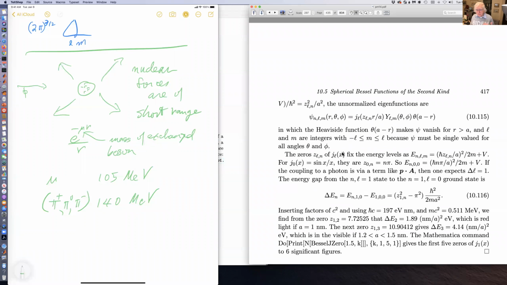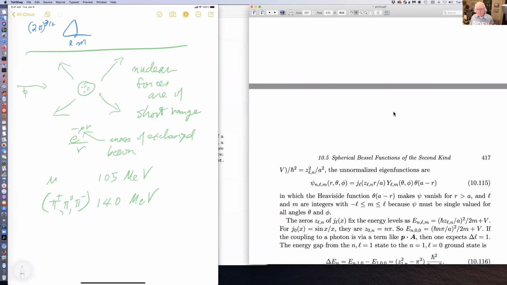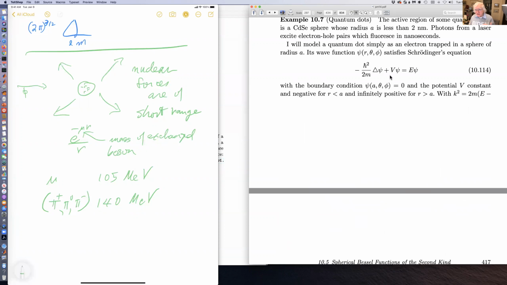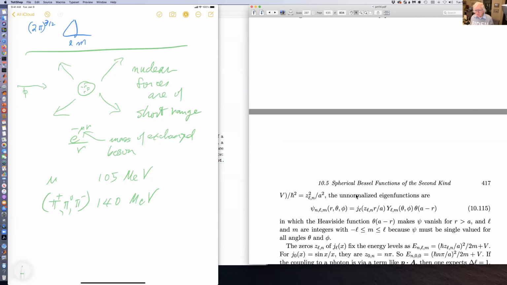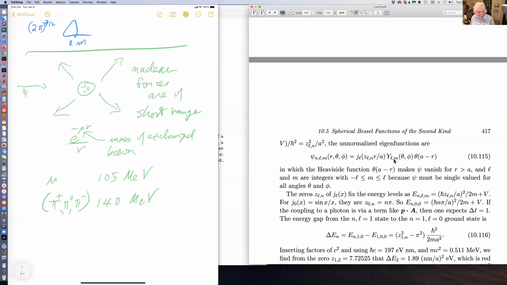For simplicity, we can say that the potential is 0 for r less than a and infinite for r greater than a. In that case, for r less than a, we can drop this term, and we know these are exact wave eigenfunctions for r less than a.